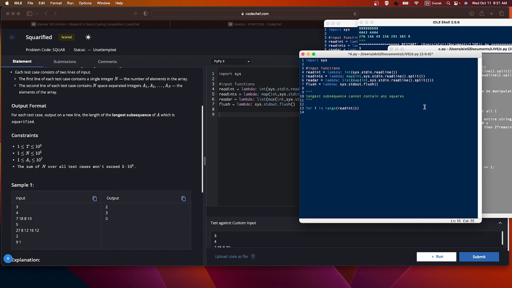So let's first read it here. It's a bit of a large array, but I mean, it should work here.